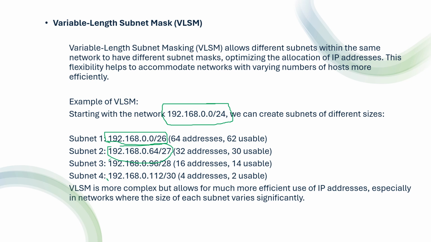You see it is variable length, that is, subnet one can have 64 addresses, subnet two can have 32 addresses, and even subnet four can have only 4 addresses. Here the difference is 64. Okay, the difference is 16.